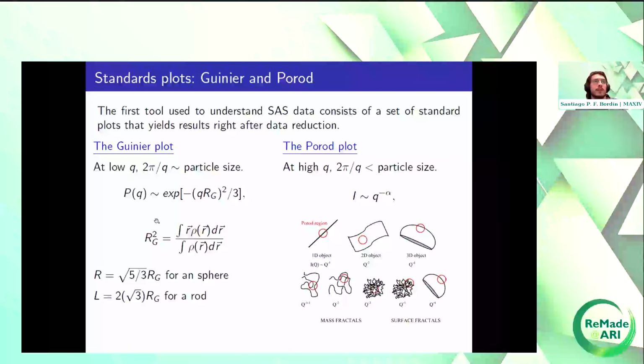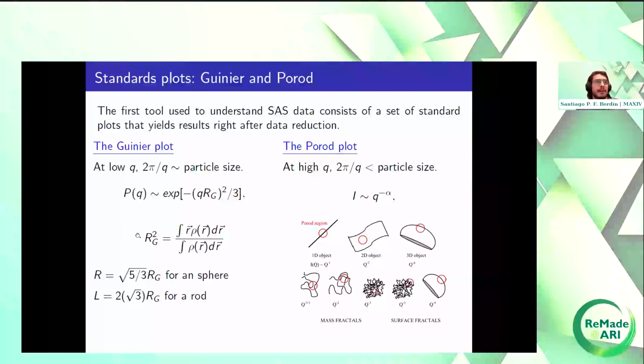Here, the form factor is approximated by an exponential expression related to the radius of gyration, which gives us information on how the density of the scattering is distributed along our sample.